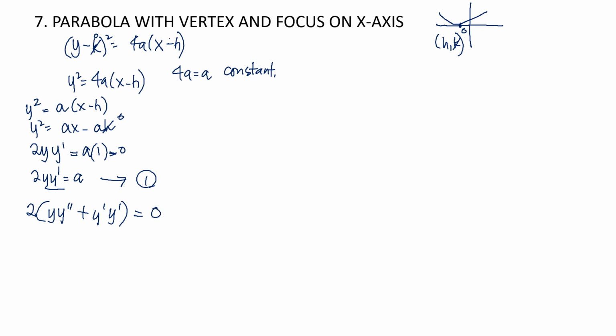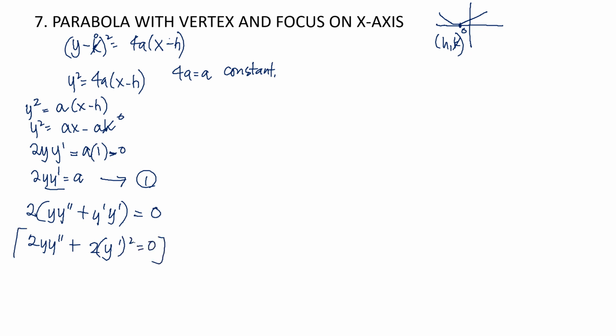So our equation will now be 2y double prime plus 2y prime squared. This is equals to 0.